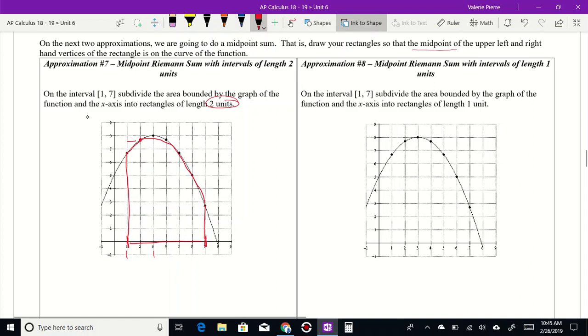And from 2, I'll draw a line through, and that'll be my first rectangle. I'm actually going to do that in a different color for you so that you can see a little clearer. So 2 is my midpoint. I'm drawing my rectangle at that point.